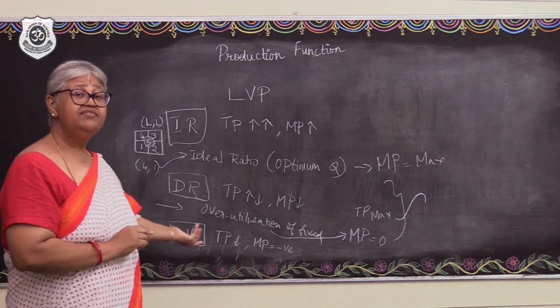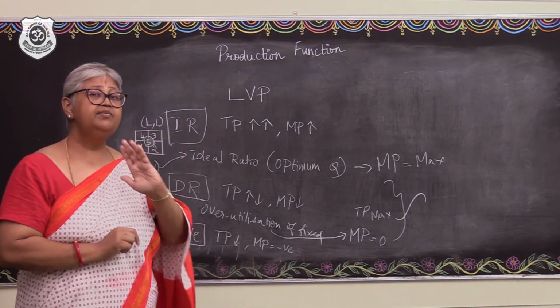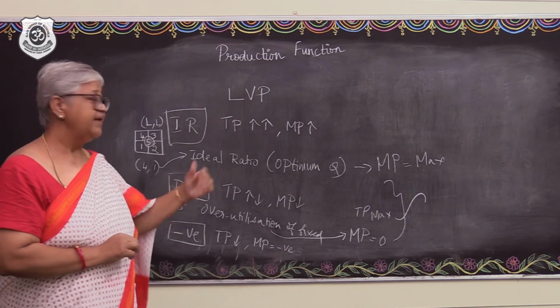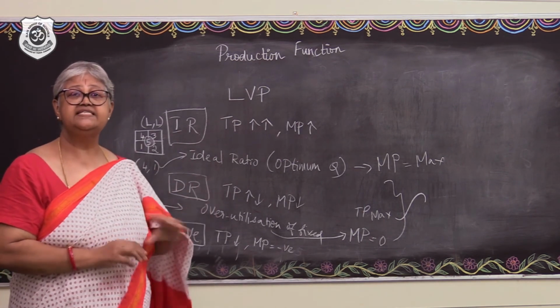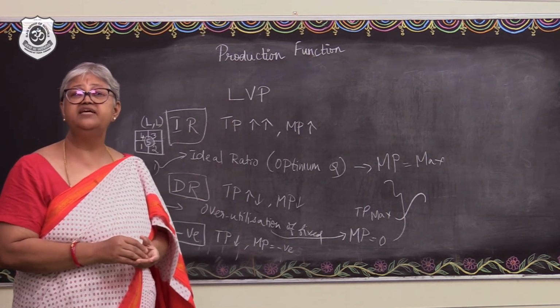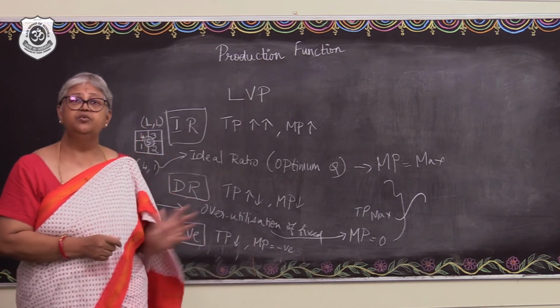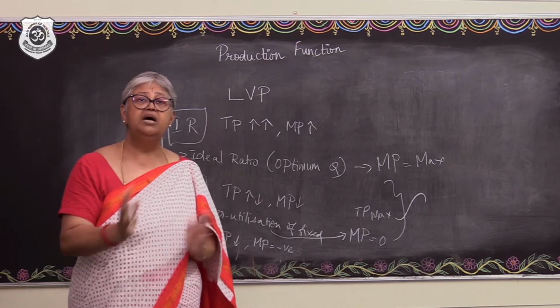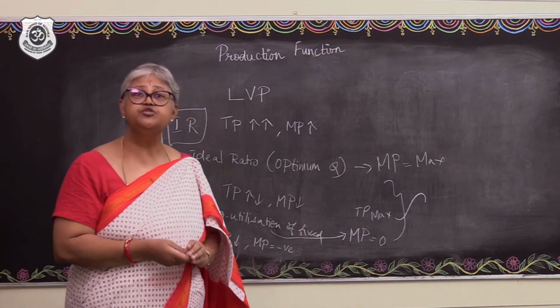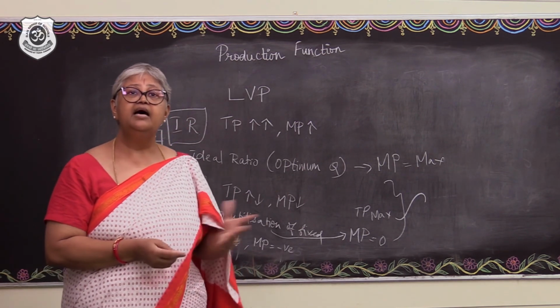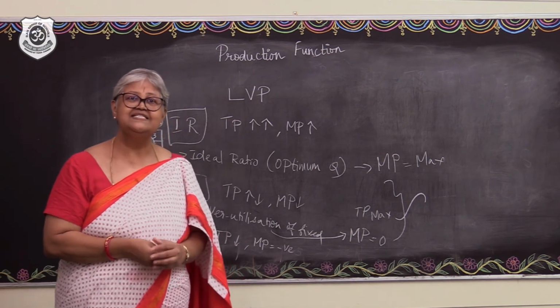So this is the behavior of the law of variable proportions in the short run, and these are the three different phases and the causes for the three different phases. That is what we have understood just now. Yeah, so we would see the behavior of the marginal product and the average product in the upcoming clip. Yes, stay.